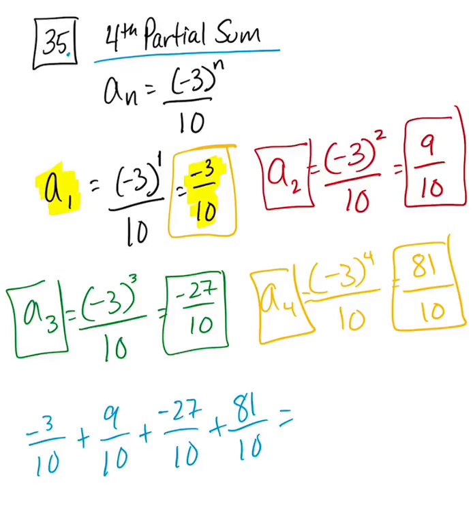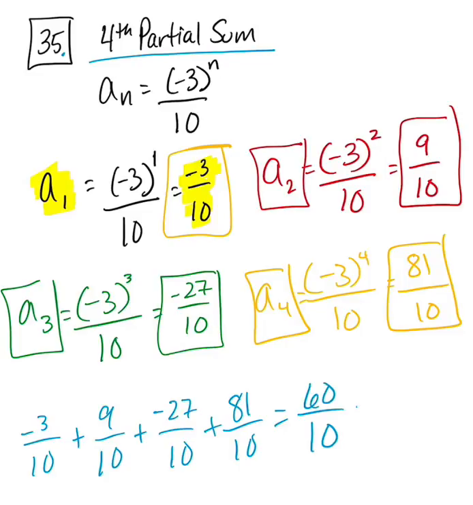I do my math there, and I end up with denominator 10, of course, and the sum of my numerators is 60. This simplifies to 6. And that's it. The fourth partial sum of this sequence is 6, and that is for 35.